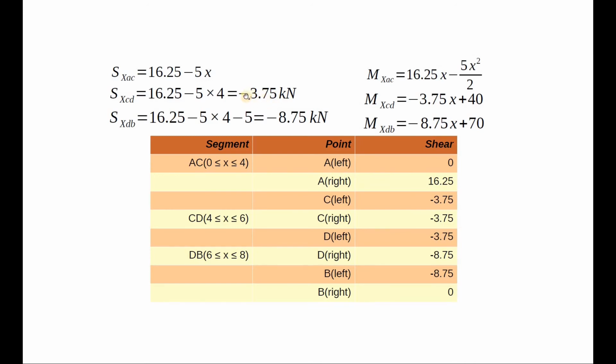It is having a negative sign in front of it. It means that the value of the shear force is plotted below the baseline. This shear force remains constant between point C and D, just to the left of point D.